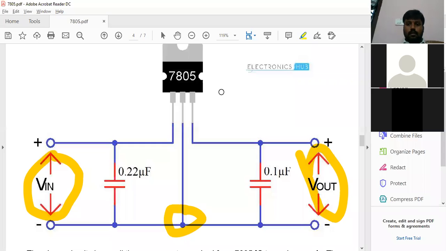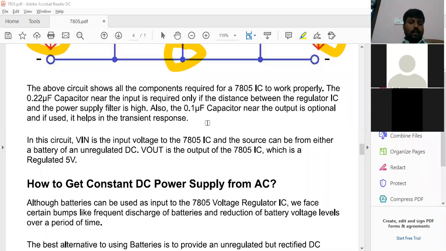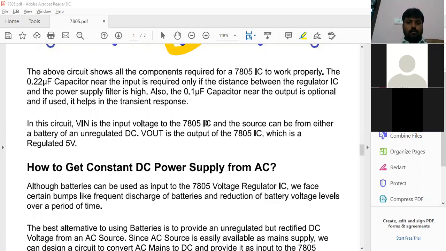Pin number 2 is grounded here. Okay, right. And the above circuit shows the components. Okay, right.